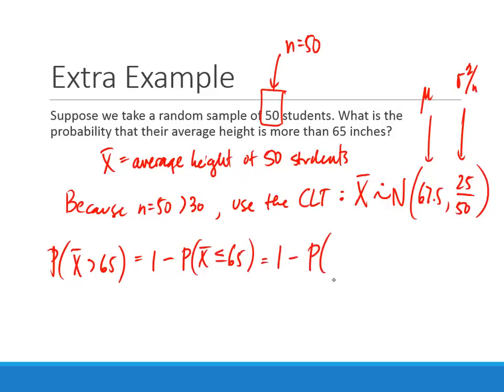Now I can standardize: the probability that x bar minus the mean, divided by the square root of 1/2, is less than or equal to that value.